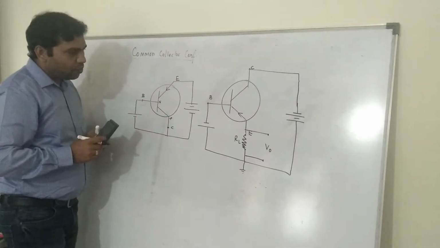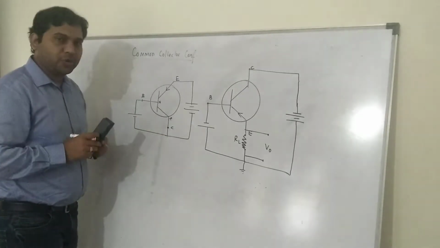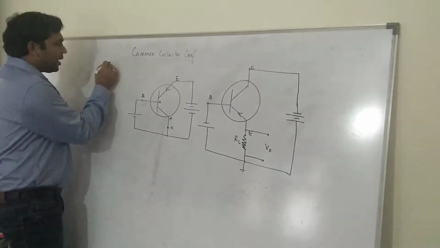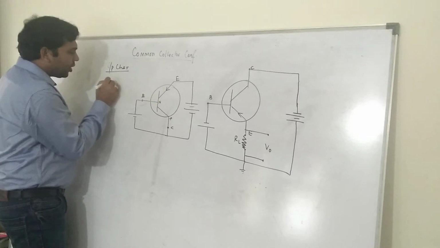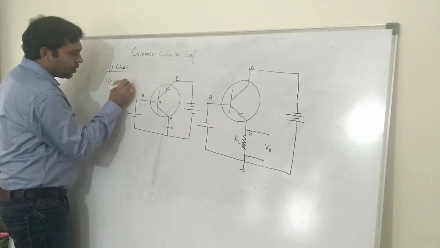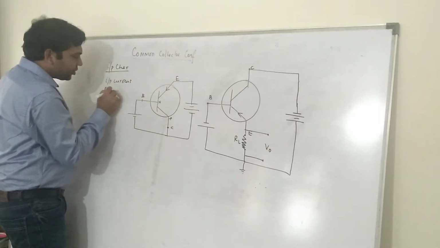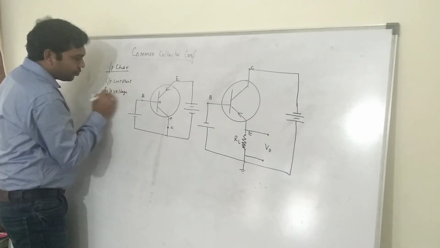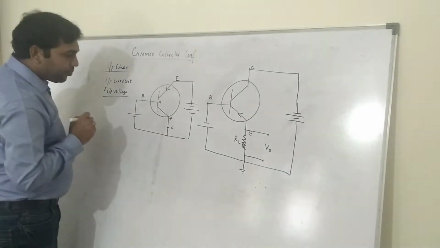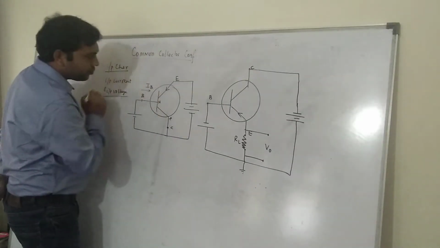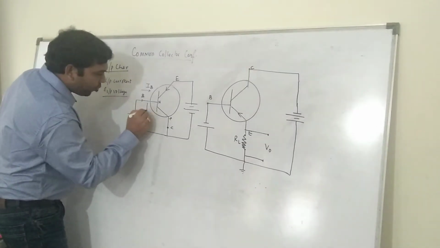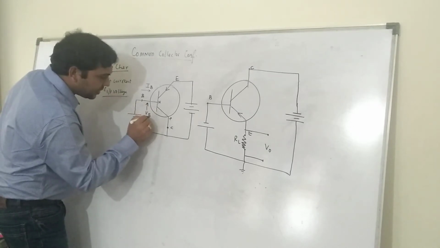Now we have to find out the input and output characteristics. What are the input characteristics? The input characteristics are between input current and input voltage. What is the input current here? The input current is IB. And what is the input voltage? The input voltage is VBC here.